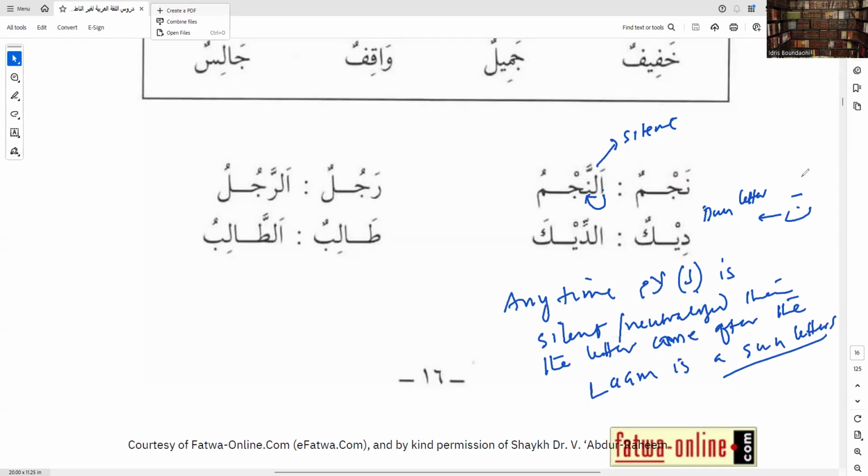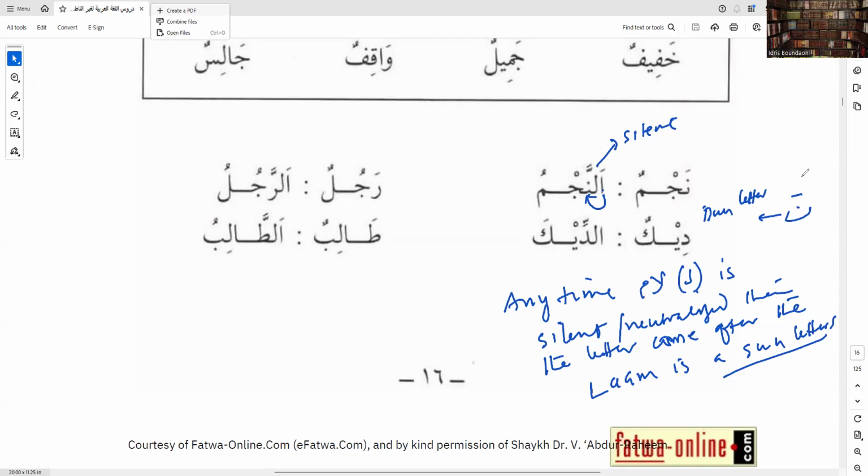And there's a reason why the Arab people categorize their alphabets into Qamariya and Shamsiya, but this is not the time for us to talk about it. Inshallah, as we improve and go deeper into the book, we're going to talk about all of these.